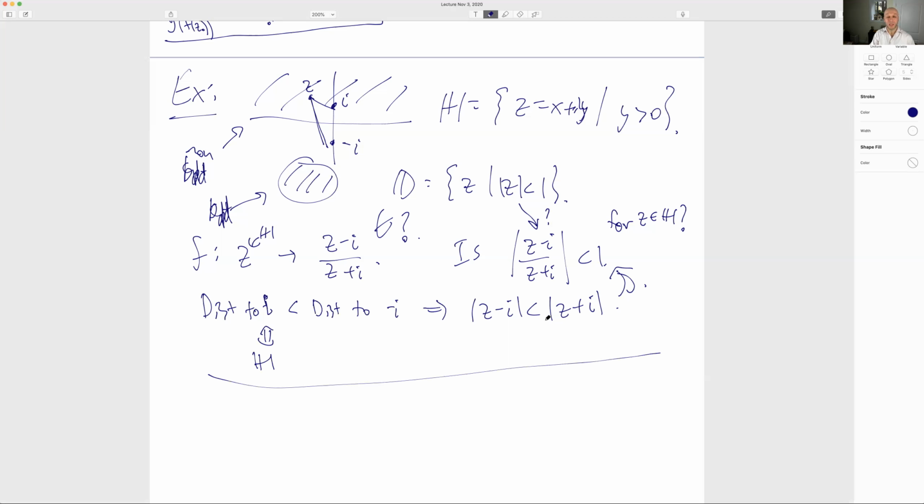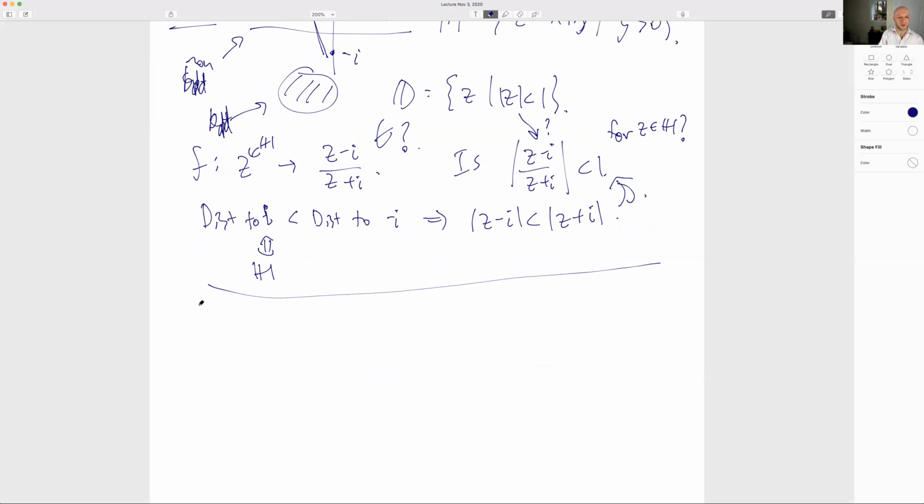Okay. Is this map differentiable? Is f holomorphic? Yes. Anybody know what this kind of map is called? Have we talked about these yet?